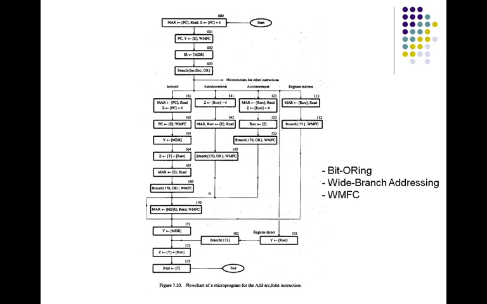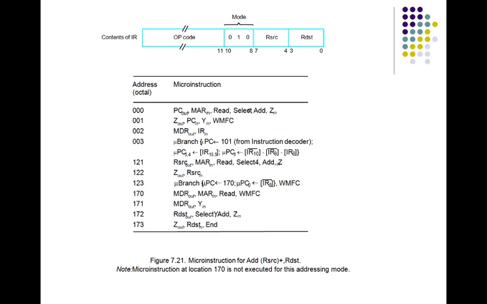Now consider this instruction, add R source plus R dest, where R source and R dest are the general purpose registers shown in this figure. This figure shows the complete microroutine for fetching and executing this instruction. We assume that the instruction has a 3-bit field used to specify the addressing mode for the source operand, as shown in the figure.